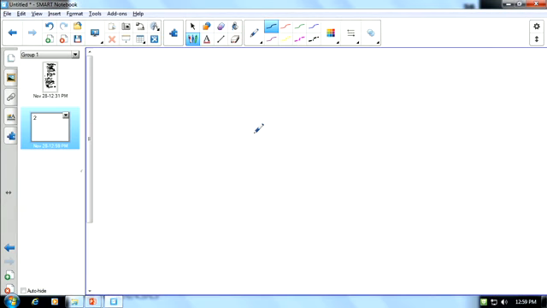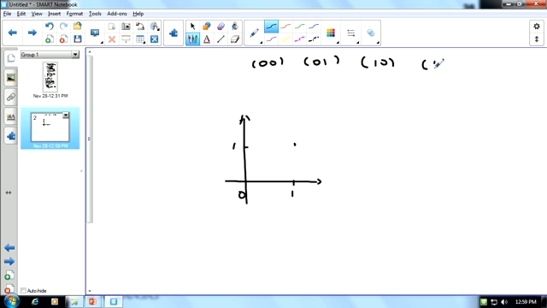For example, if we do this in a 2-dimensional space, just to be simple, that's 0 and 1, and 1, 1. So the vector space in this case is 00, 01, 10, and 11. These are the 4 black dots in this 2-dimensional case.